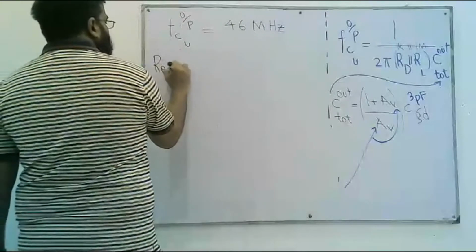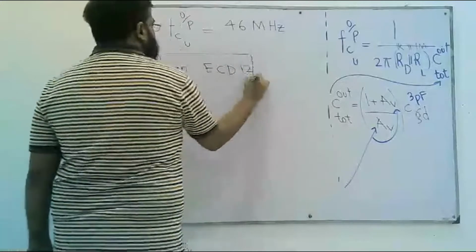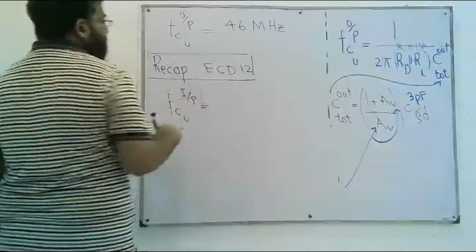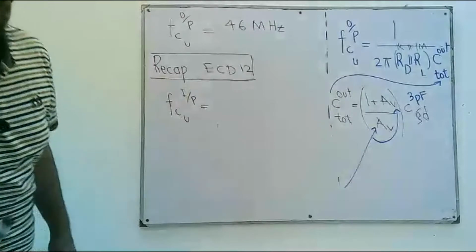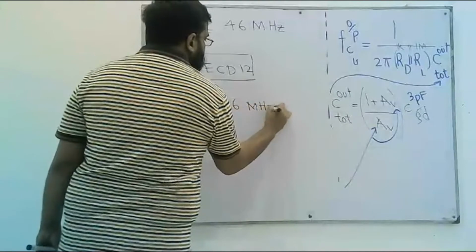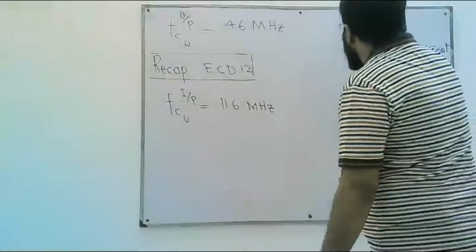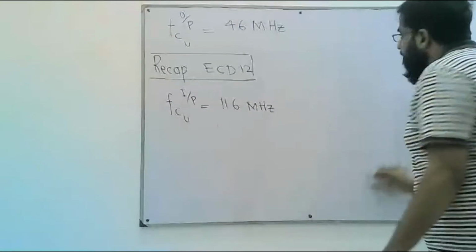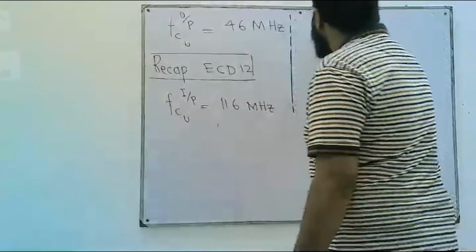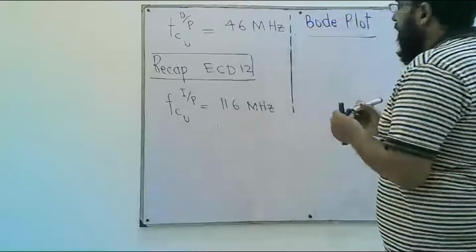Whereas, as a recap from the last lecture, ECD12 tells us that the FCU we computed using the input RC network was 116 megahertz. So now we can finally draw a Bode plot.